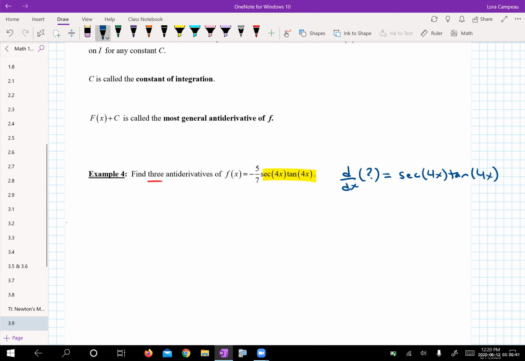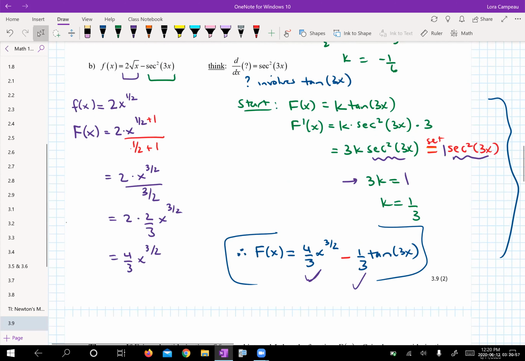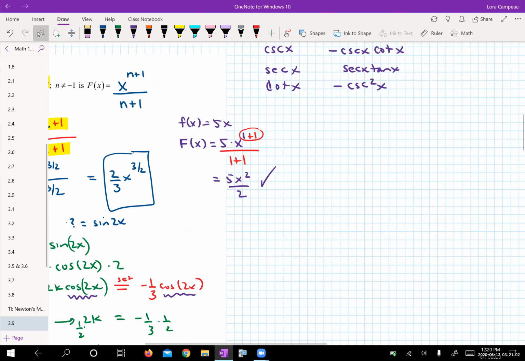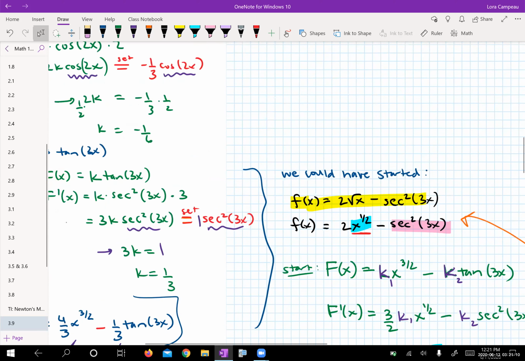So that part has to involve derivative of what is secant x tangent x. Well, it's the derivative of secant of x. And again, I always prefer, when we're first starting and getting a little more comfortable, from now until calculus 2, to write out your functions and the derivatives side by side so that you can directly see the patterns when you come up with them.